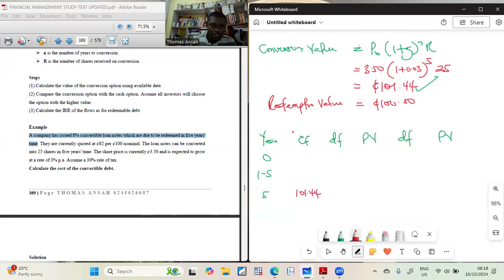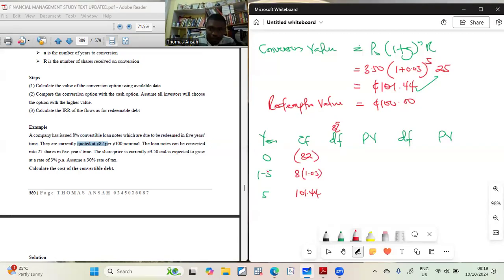So now our redemption will be the 101.44. Discount factor, like I always say, let's start with the 8%. Cash flow, what is the market price? It's quoted at 82, so 82 cedis. We'll be paying interest on the coupon, which is 8% of 100, that will give us 8. Then 1 minus T, where T is 30%, so it's 0.7 multiplying 8.